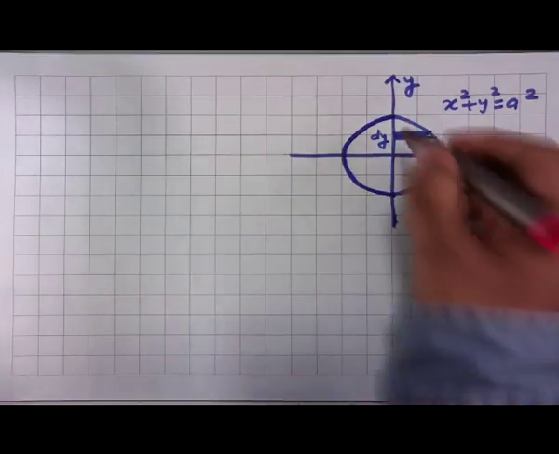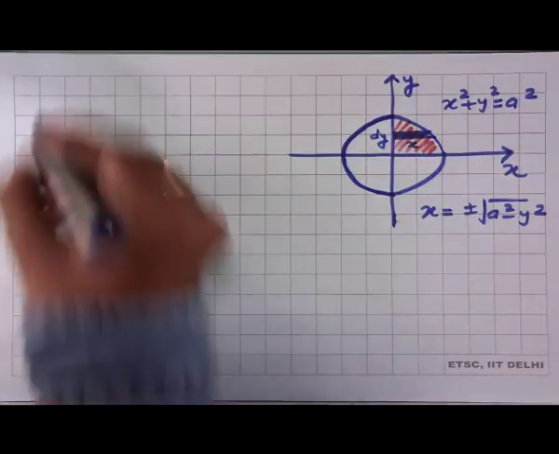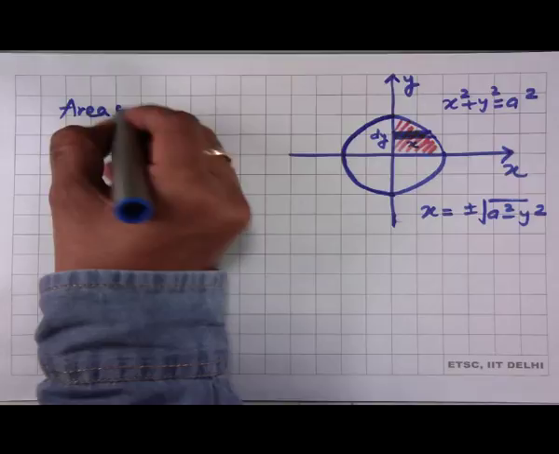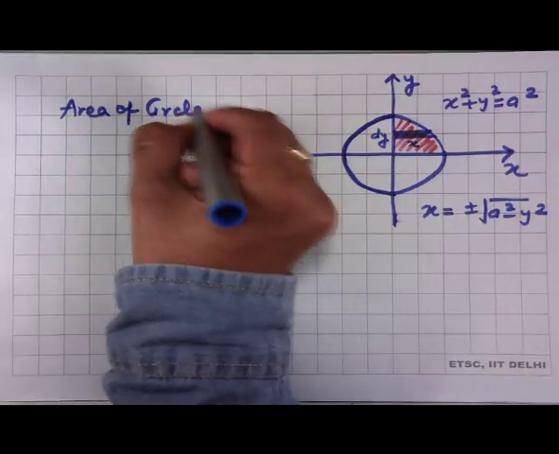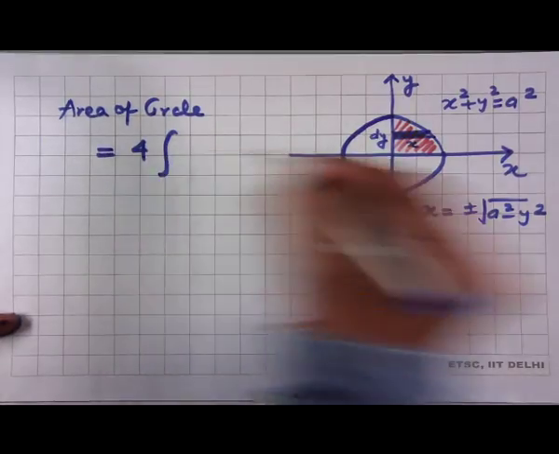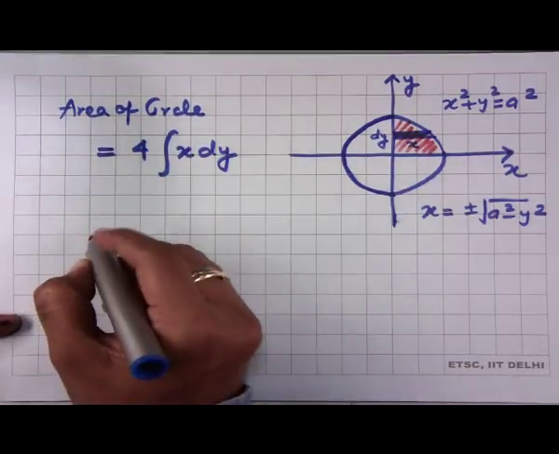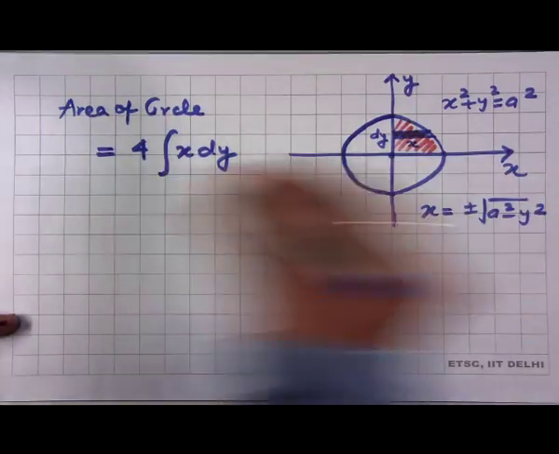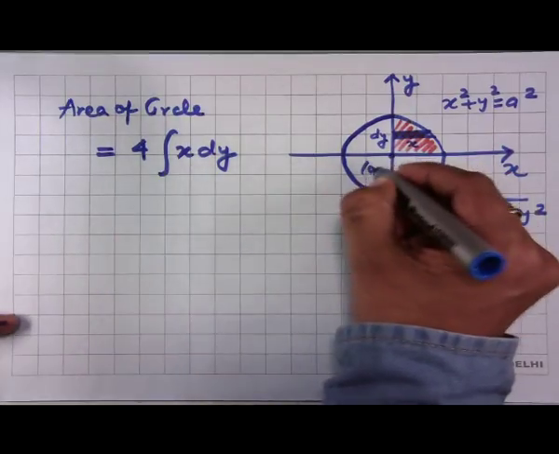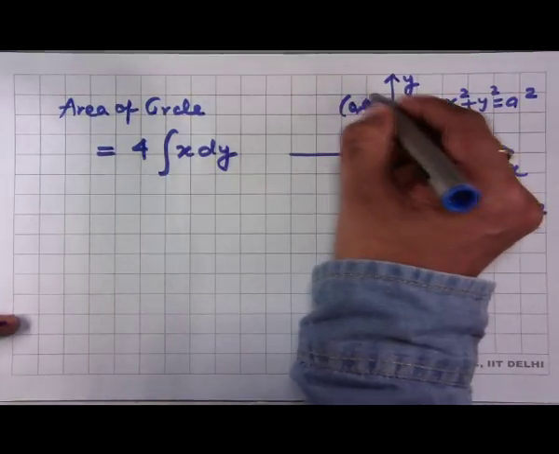So the total area required, area of the circle, is equal to 4 times integral of x dy. Now what are the limits of y? So this point is 0 comma 0 and this point is 0 comma a.